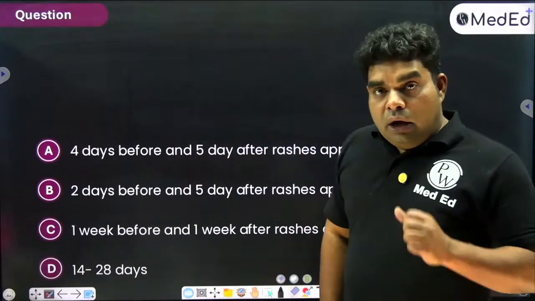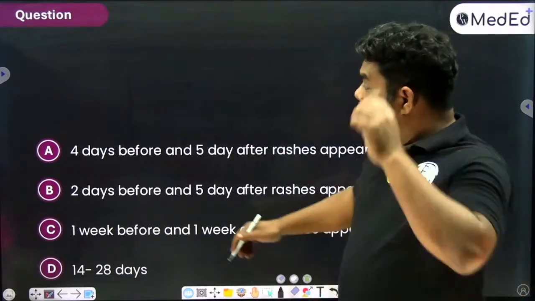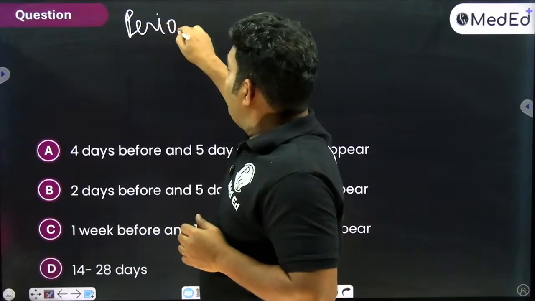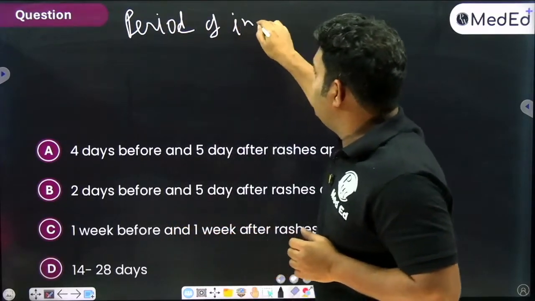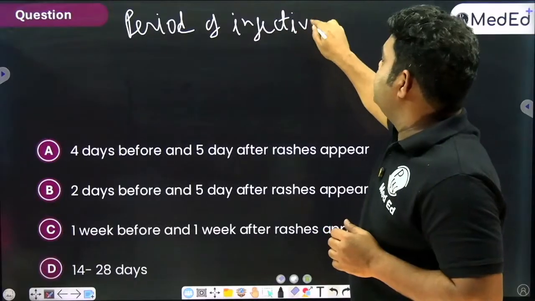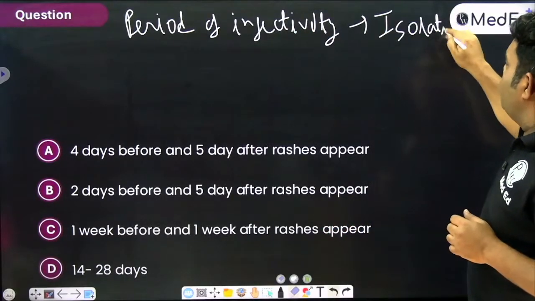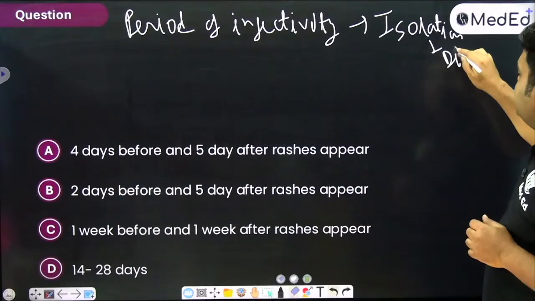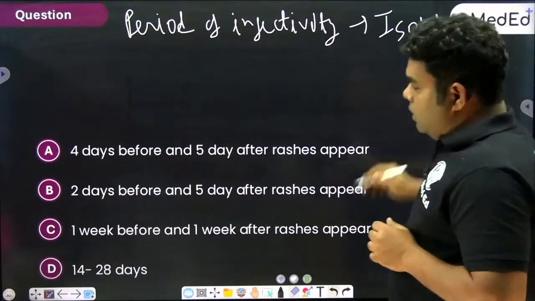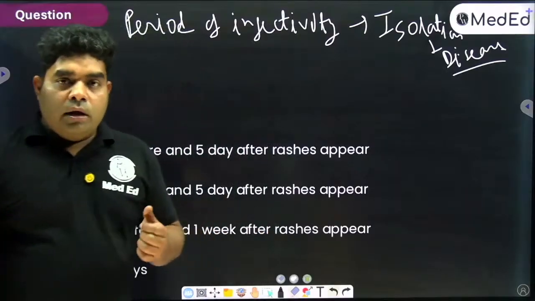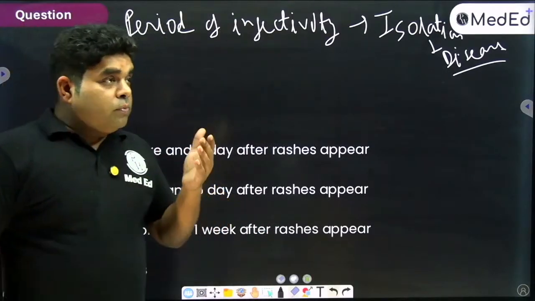Now the question here is, what is the period of infectivity, the period of communicability? Why do they ask this period? Because period of infectivity is needed for isolation. And isolation we do on the person who is suffering from disease. Like, suppose from your batch, Rahul went to New Zealand to meet his girlfriend.